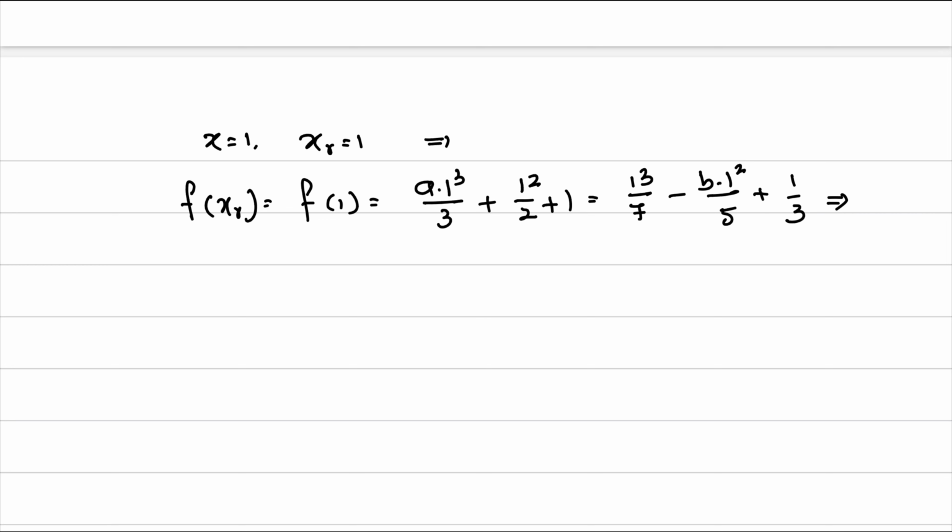That implies a by 3 plus 3 by 2 is equal to 1 by 7 plus 1 by 3 minus b by 5.